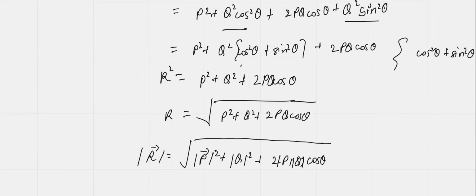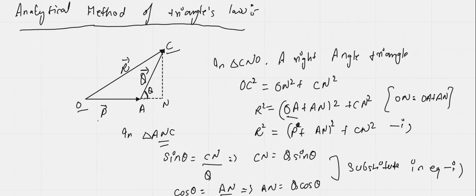If I ask you what is the angle made by R with P, basically the angle this P was making with R, can I calculate this? Beta, basically.